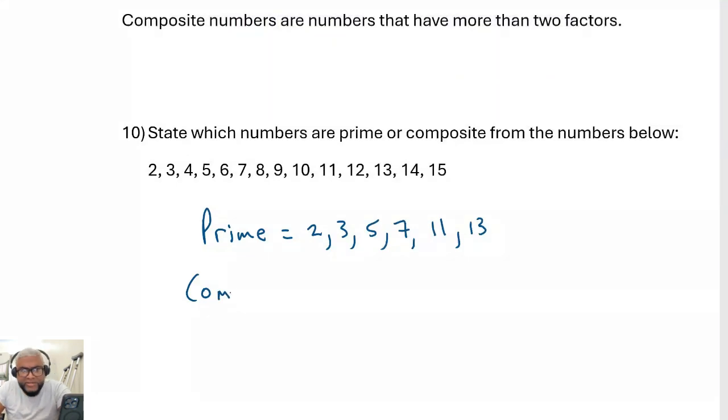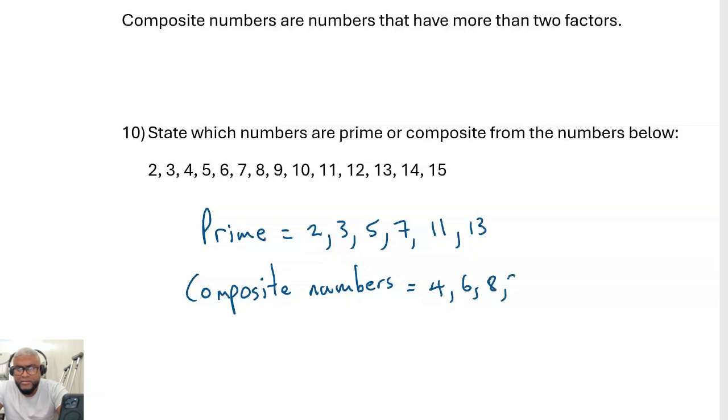Francis, composite numbers, please. Four, 6, 8, 9, 10, 12, 14, 15.